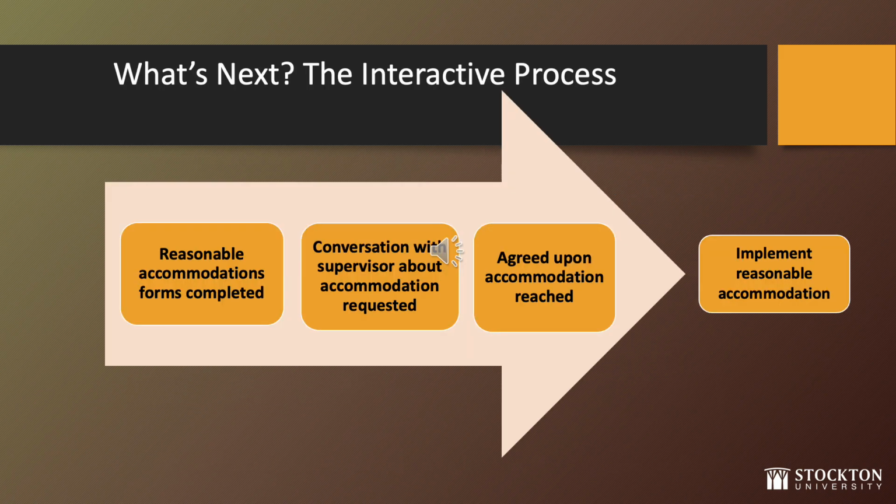Once an accommodation request has been received, the Pensions and Benefits Manager will initiate the interactive process with the employee to discuss the need for a reasonable accommodation and identify effective accommodation solutions. This interactive process is an exchange of information to help determine a reasonable and effective accommodation.